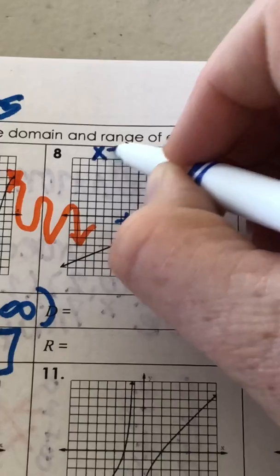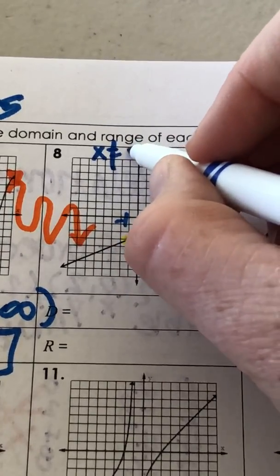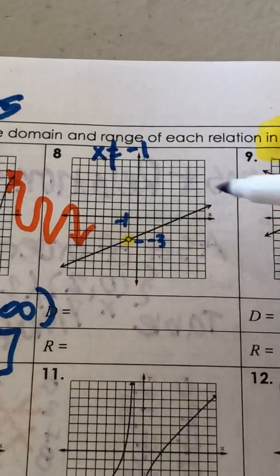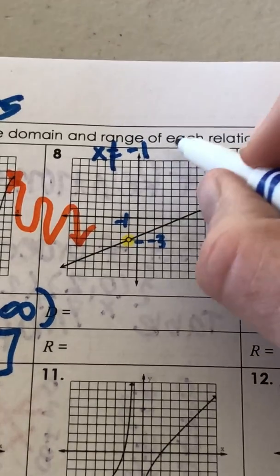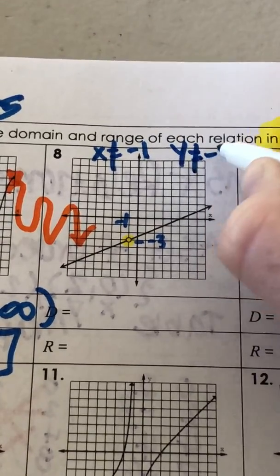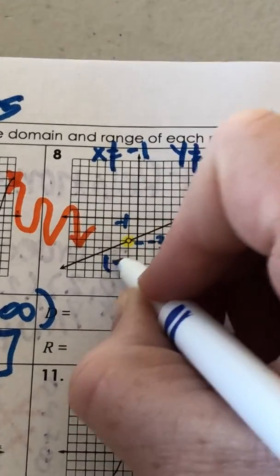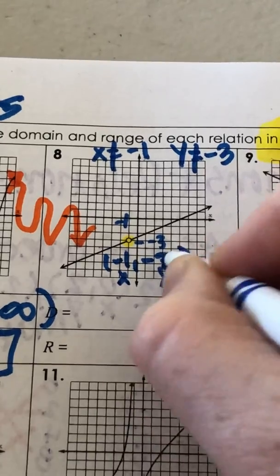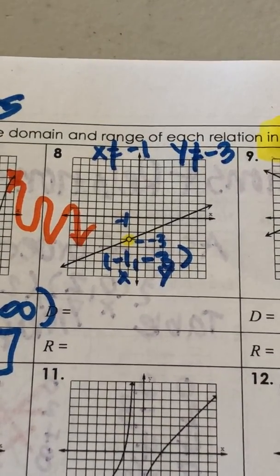It's going to be the same thing as one of the other ones we talked about. x cannot be -1 because there's a hole in the graph. Right? Before there was an asymptote, now there's a hole. x still can't be that. And then y can't be -3, the y value of that hole. So that hole's at (-1, -3), okay? So the x can't be here and the y can't be here. We've just got to turn that into interval notation.